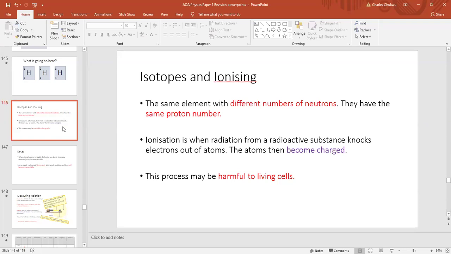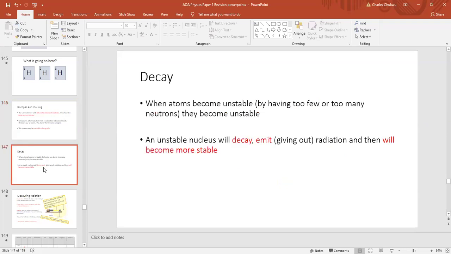This process may be harmful to living cells, hence the precautions taken during radioactive experiments, such as wearing clothes lined with lead, necessary to avoid exposure to radiation. So what's radioactive decay?